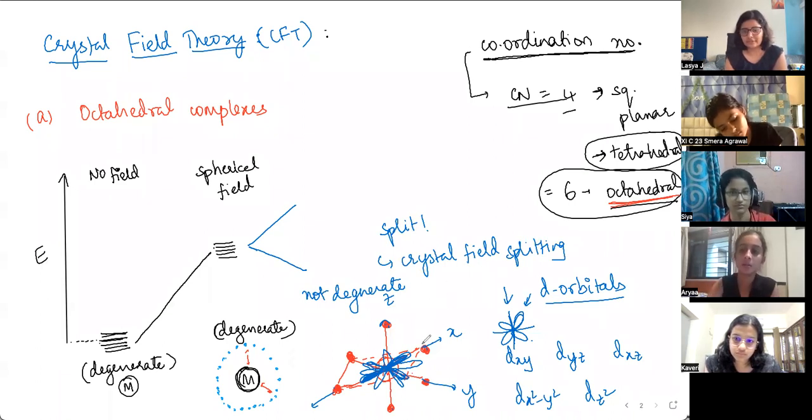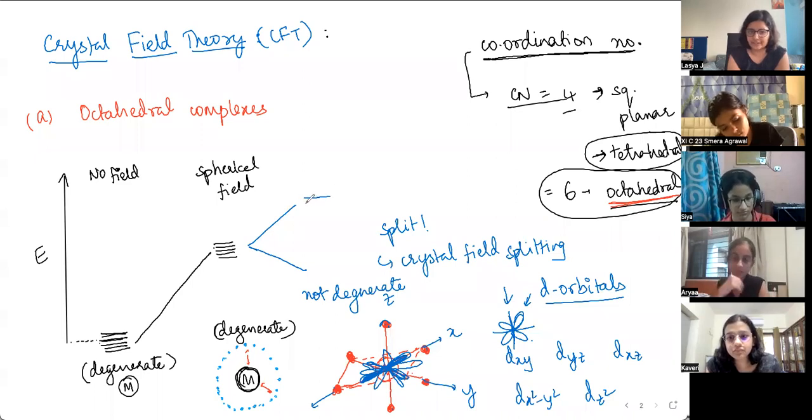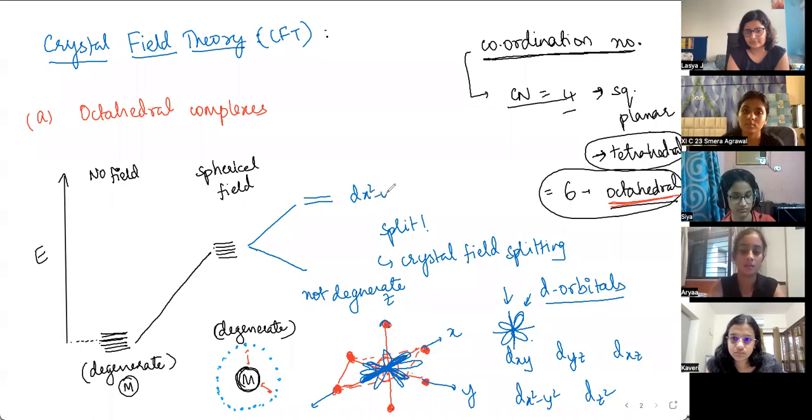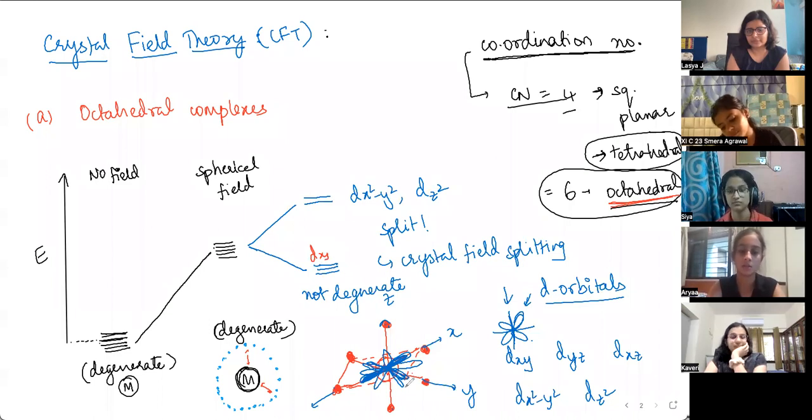So let's see, in octahedral, the orbitals along the axis will have higher energy. So you have dx square y square and dz square. And lower, you have three of them, the ones that are in between the axis. Like here.